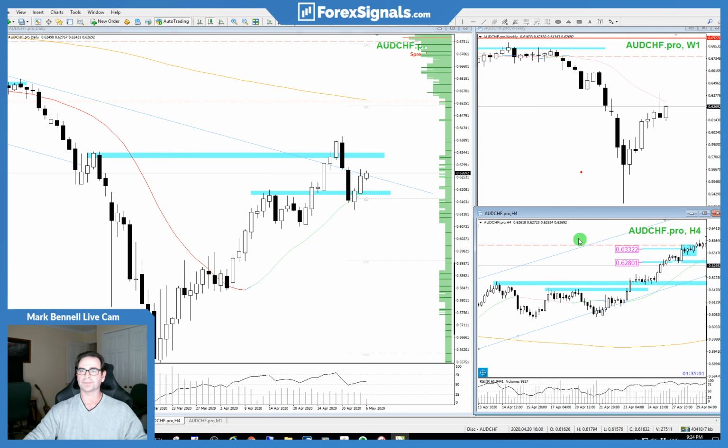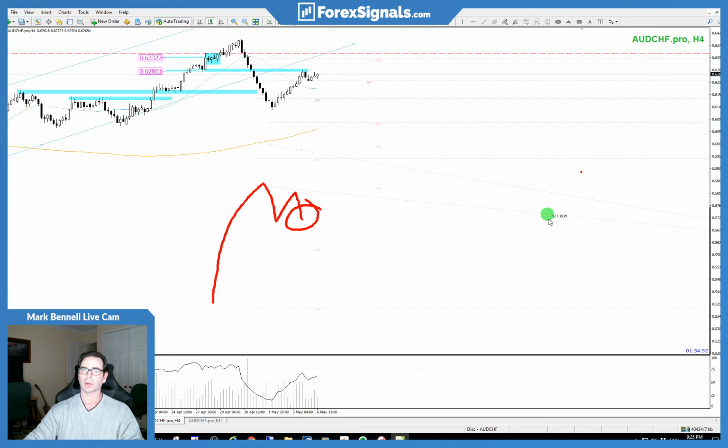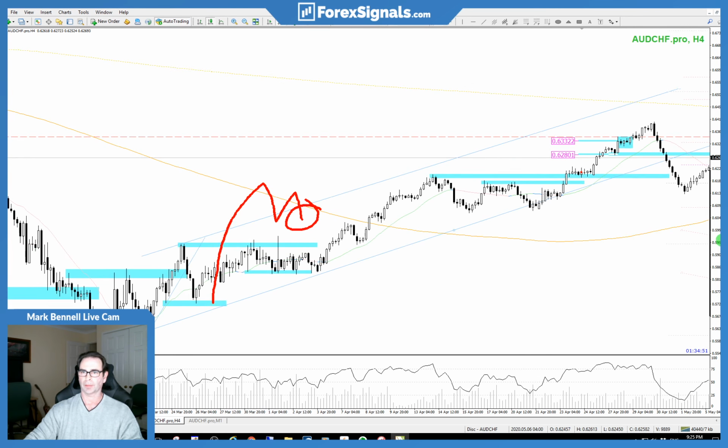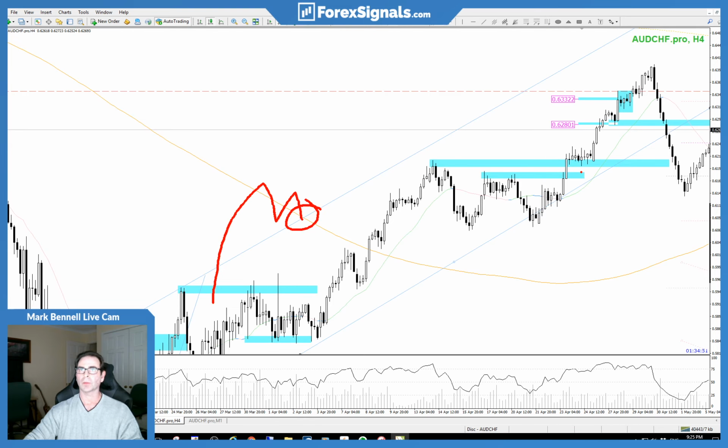Okay, it's not. All right, let's look at, though, this area in here for an early entry. So here's that big ABC on the daily.